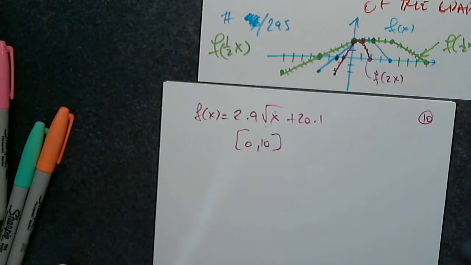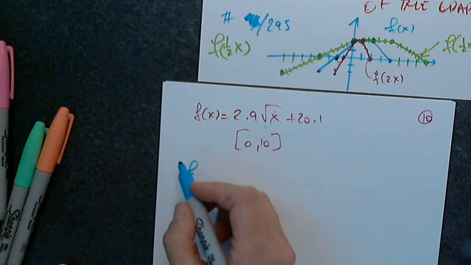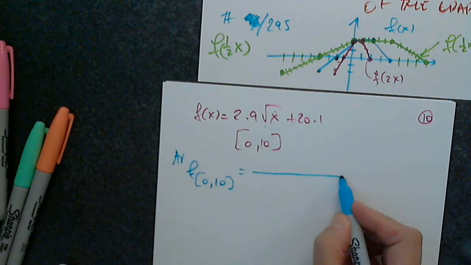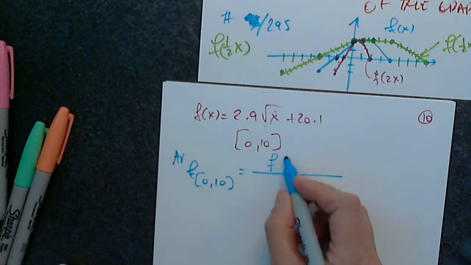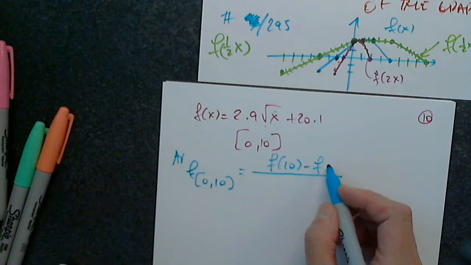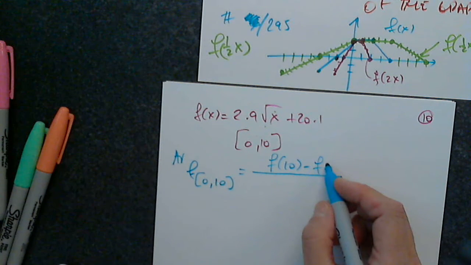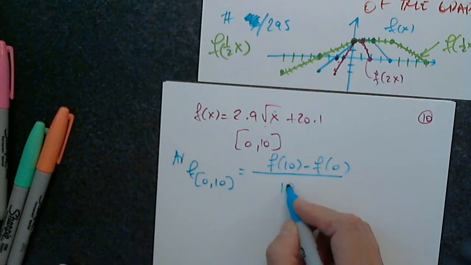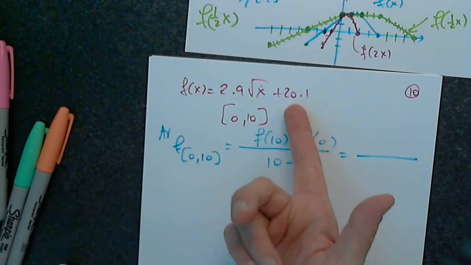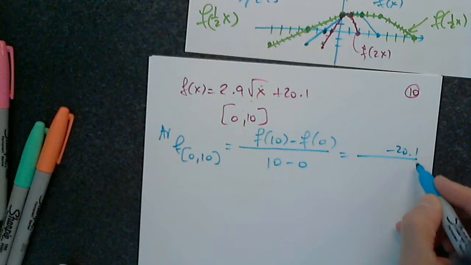How do I find the average rate of change between 0 and 10 months? How did we find the average rate of change on the test? So the average rate of change of the function between 0 and 10 was f of 10 minus f of 0, over 10 minus 0. Perfect. So let's find those numbers. I know f of 0 must be 20.1.